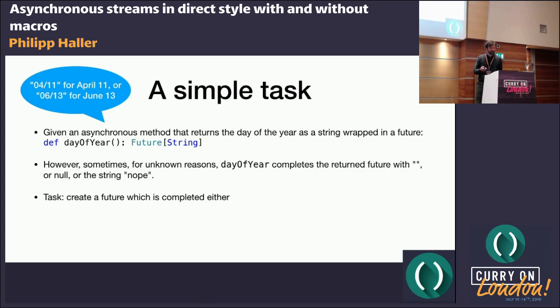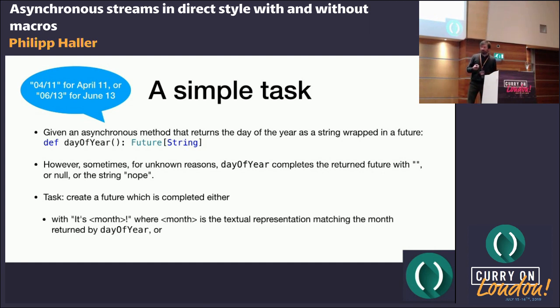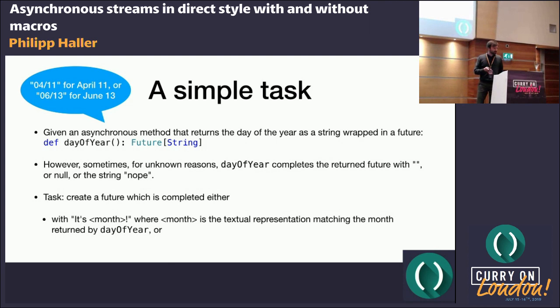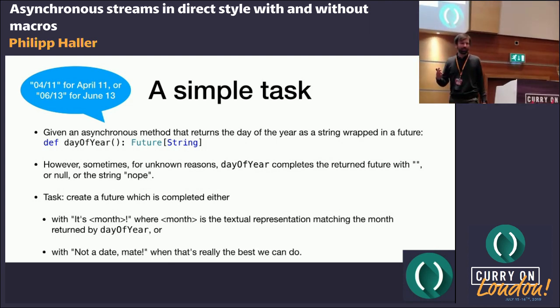And so our task is now to create a future that is completed either with a string "it's month so-and-so", where month is a textual representation, like "it's April", let's say. Or it returns a default string if the string in the future doesn't match our pattern here. Okay, so now let's try to create a solution for this problem.